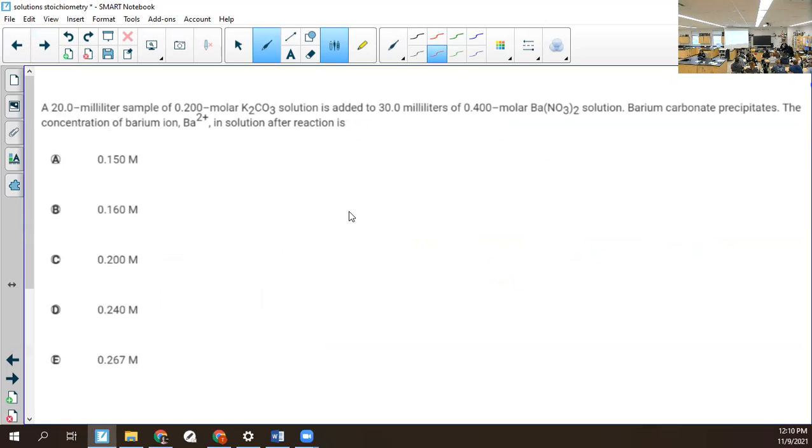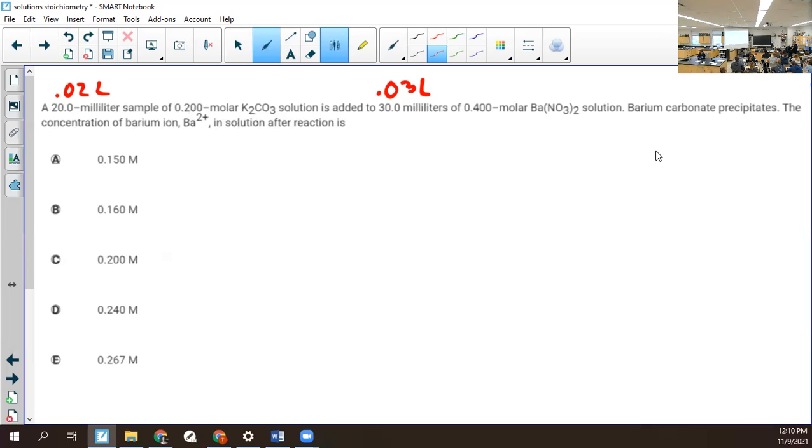I think there's one more. This is a math one. This will take a little more time. Can you read it? It's a 0.02 liter, if you want me to save you some time. Sample of potassium carbonate is 0.03 liters of 0.4 molar BaNO32.